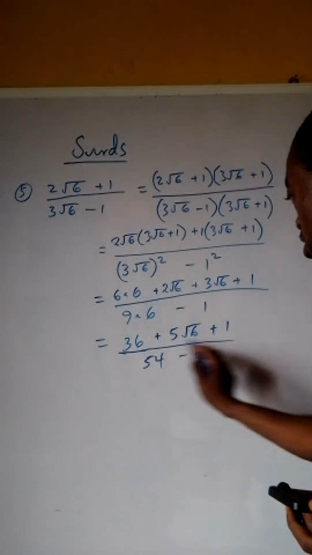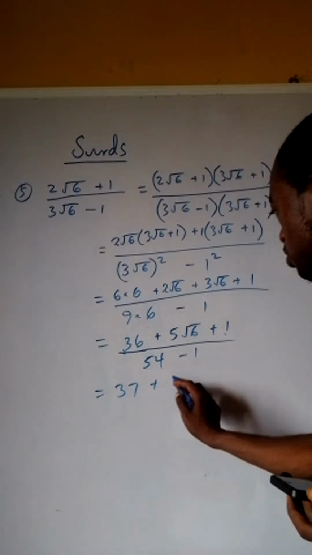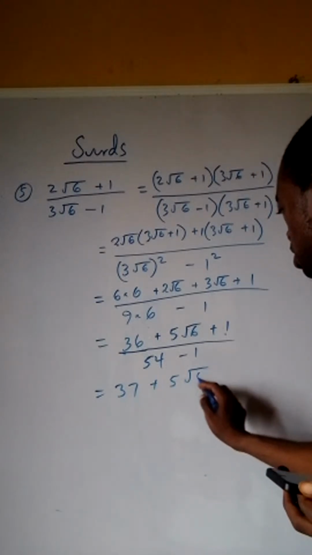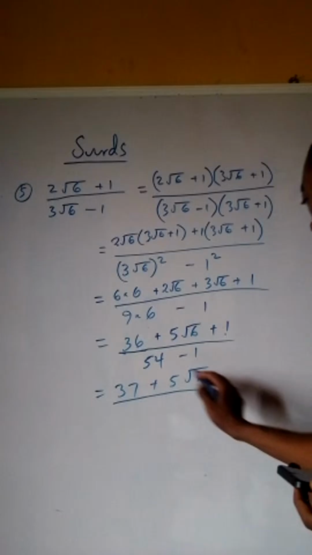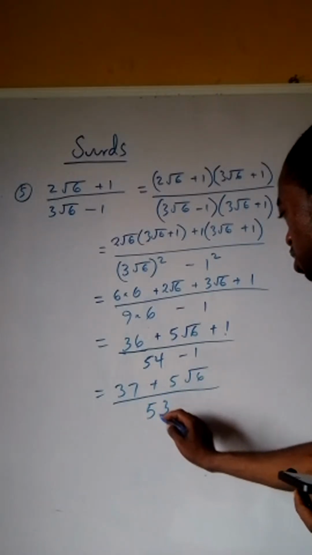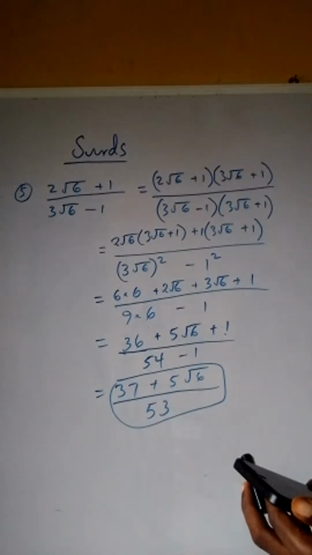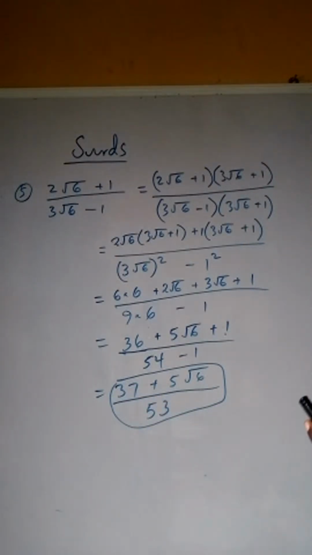And we can add this 36 plus 1. We have 37 plus 5 root 6 over 54 minus 1, that's 53. So also here we have this problem, it's been rationalized. So that is what we have on that.